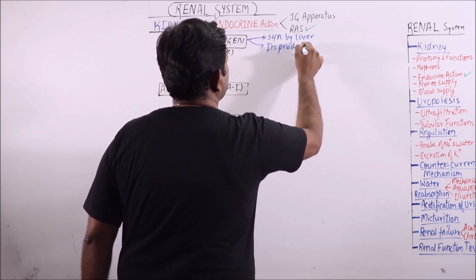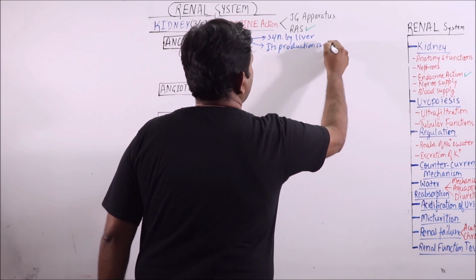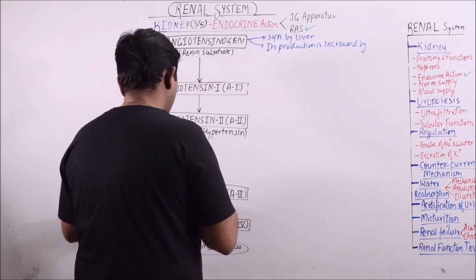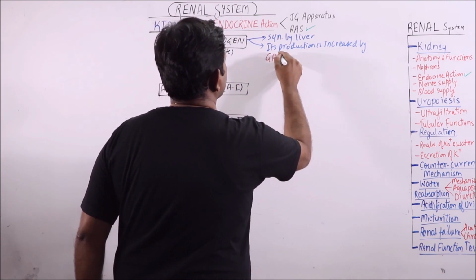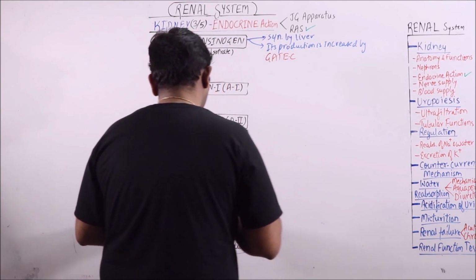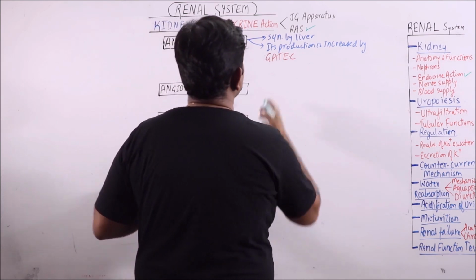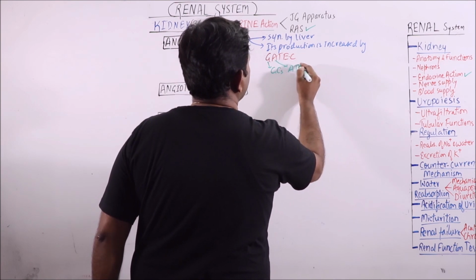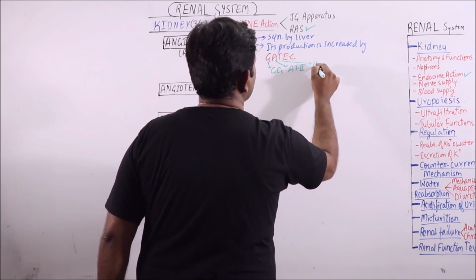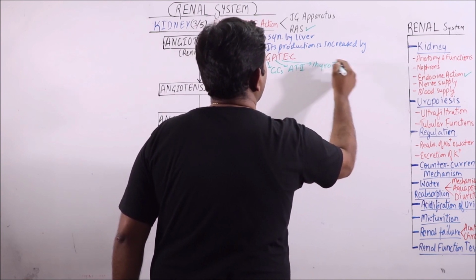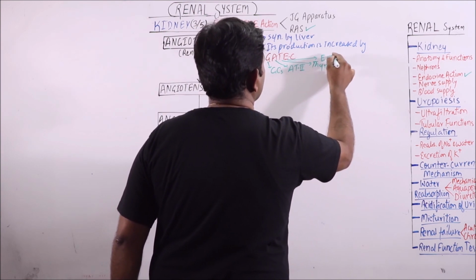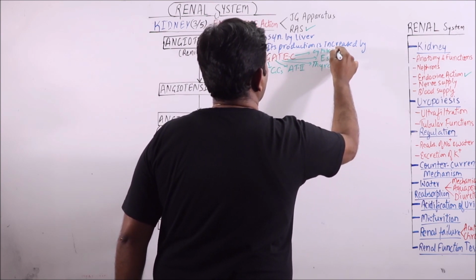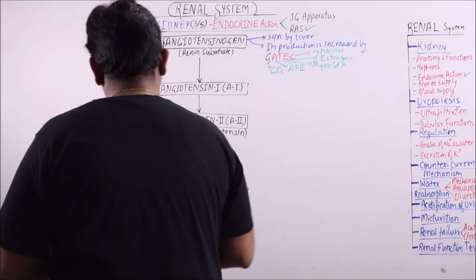Its production is increased by glucocorticoids, angiotensin 2, thyroid hormones, estrogen, and the cytokines.